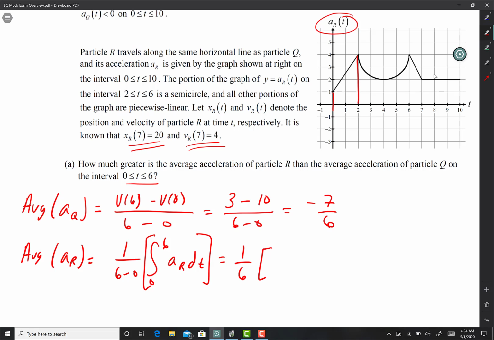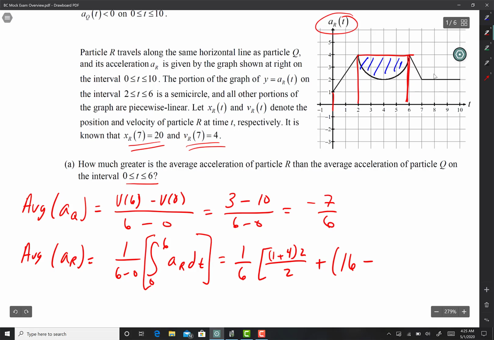My first trapezoid: 1 plus 4, and then my height is 2, divided by 2. So those 2's are going to cancel out. Plus, now here, I'm going to have to find this rectangle first, and then subtract the semicircle. The rectangle: the difference between 2 and 6 is 4, 4 times 4, so that's 16. So I'm going to write 16 minus, and remember that 16 is just 4 times 4.